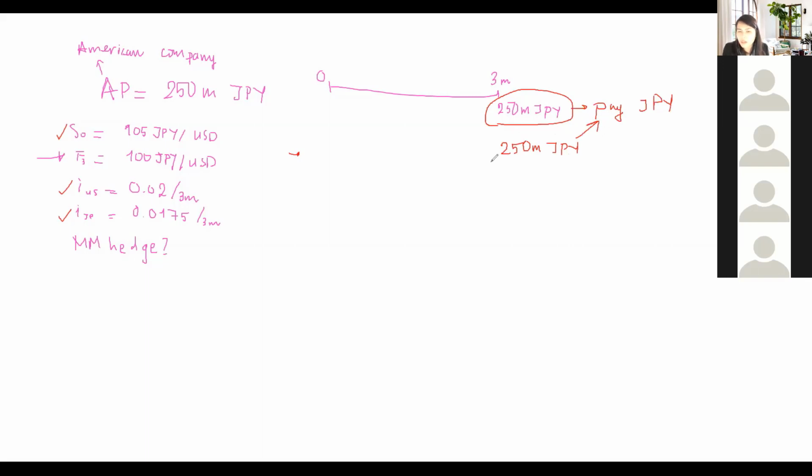So in my money market hedge, it has to somehow end up with a positive 250 million cash flow in Japanese yen in 3 months' time. And then from there, I'm going to work backwards to find what are the relevant transactions involved.